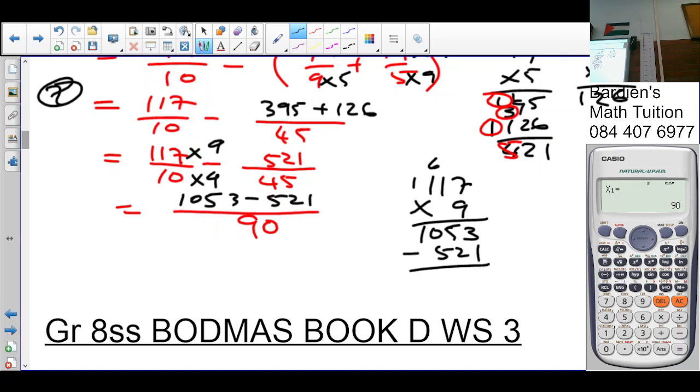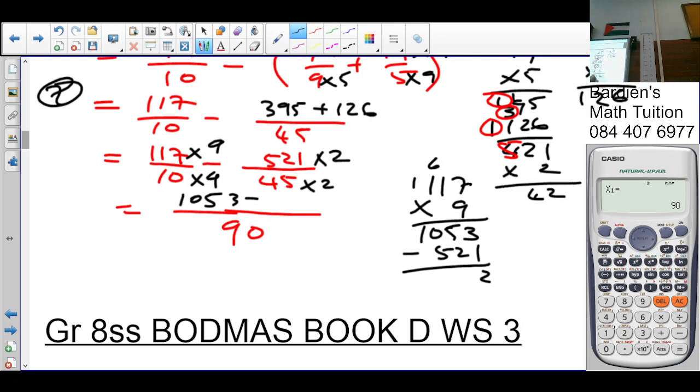Minus 5 to 1 is 2. Second mistake in the same sum. So you times this by 2. So 521 times 2 is going to be 1042. So 1053 minus 1042 is 11.